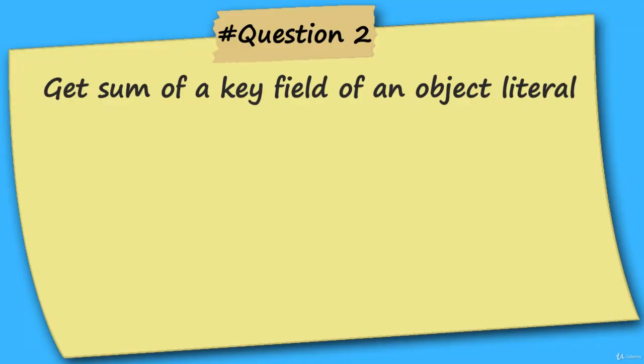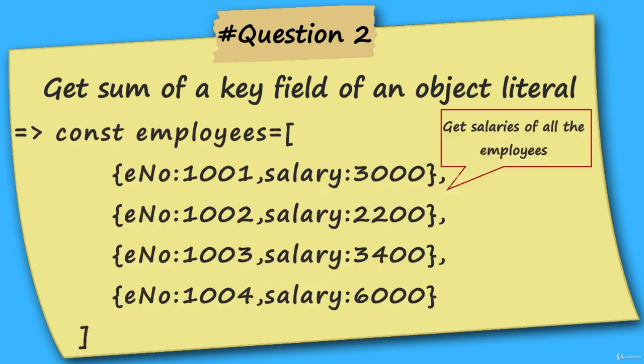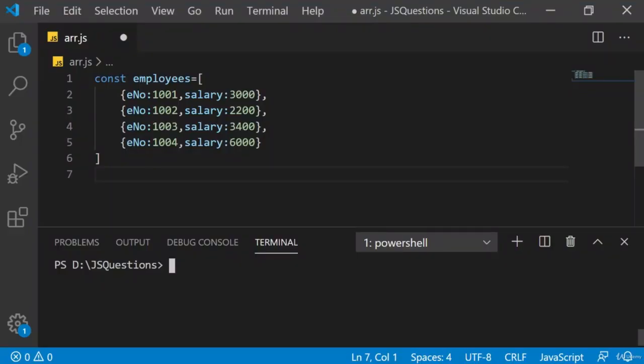The second question is get the sum of a key field of an object literal. For example, this is the object literal employees and you want to get the salary of all the employees. How will you do this? Let's try in the code window. I have already declared the array here. Let's say let totalSalary is equal to employees.reduce.